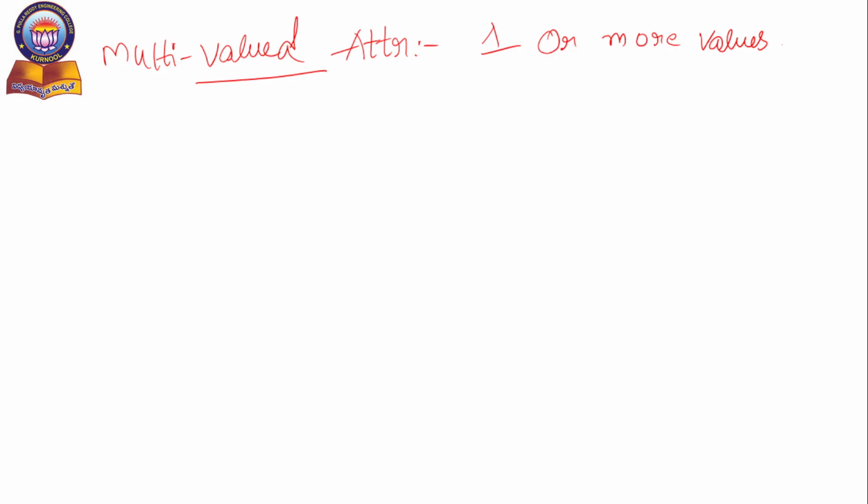For example, languages known. Multi-valued is nothing but languages known. For example, one student knows only one language, another student knows two languages, then another person will know 3 or 4 languages. So languages known is a perfect example for the multi-valued attribute.